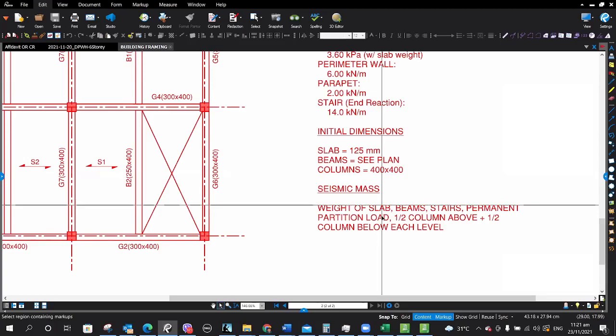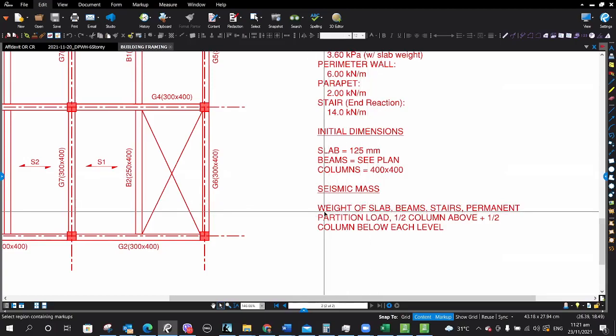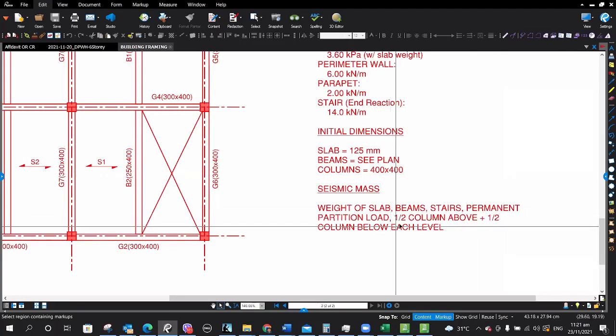So for the seismic mass, we have to consider the weight of the slab, the self-weight. I'm talking about the self-weight or dead weight. And then the self-weight of the beams, the stairs, the permanent partition loads. For partitions, if CHB, which is the usual here in the Philippines, we use CHB partition.